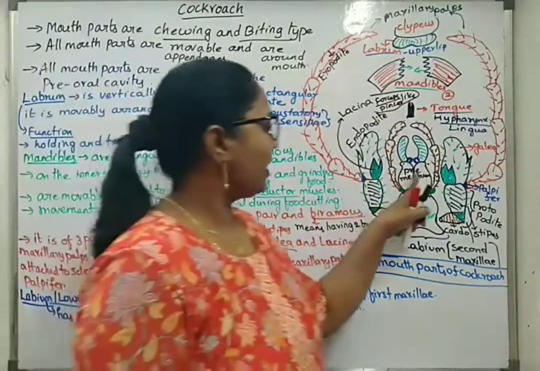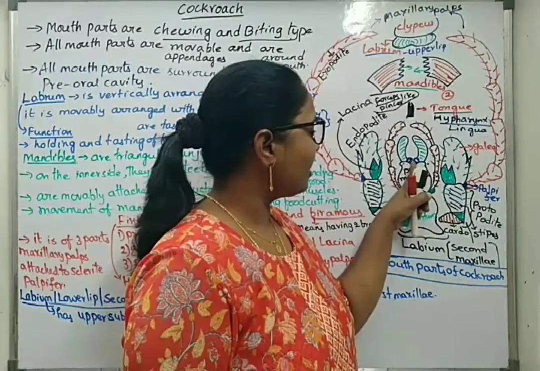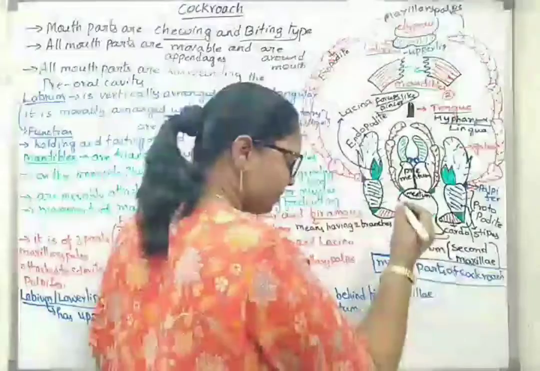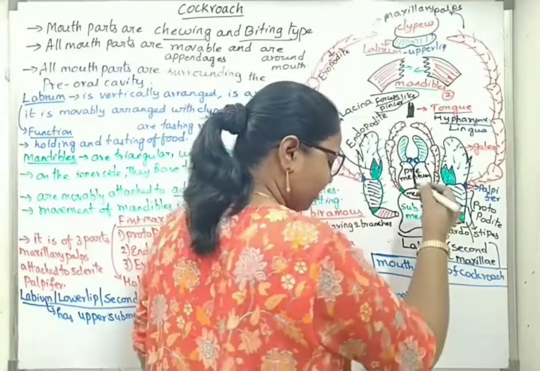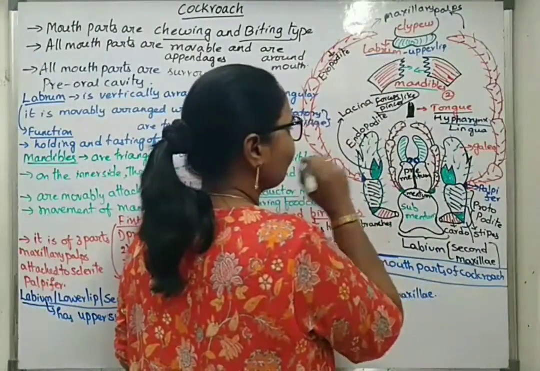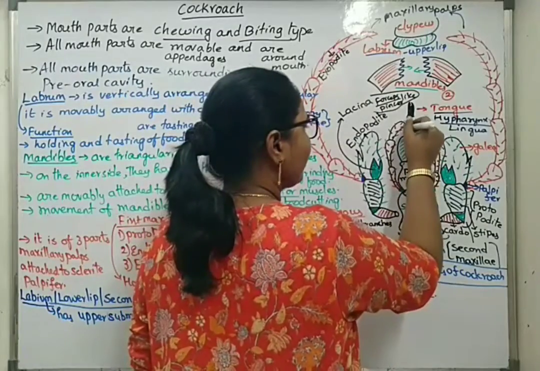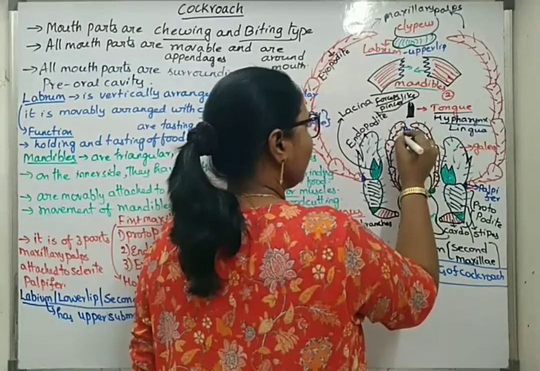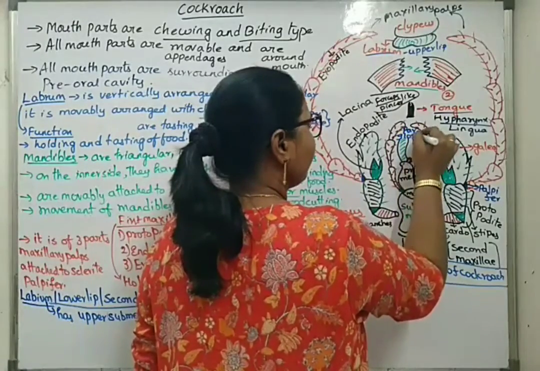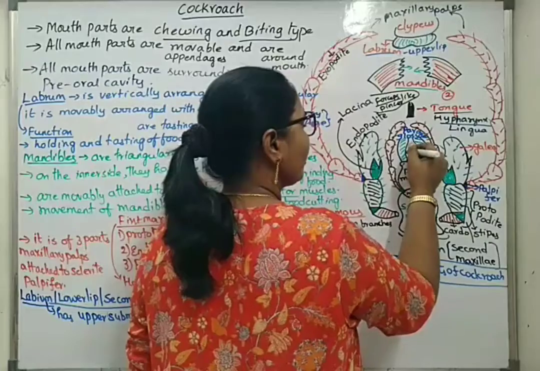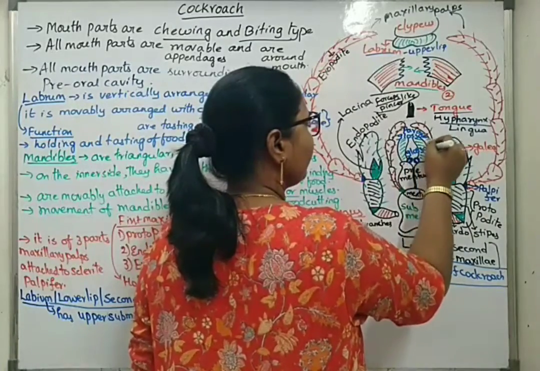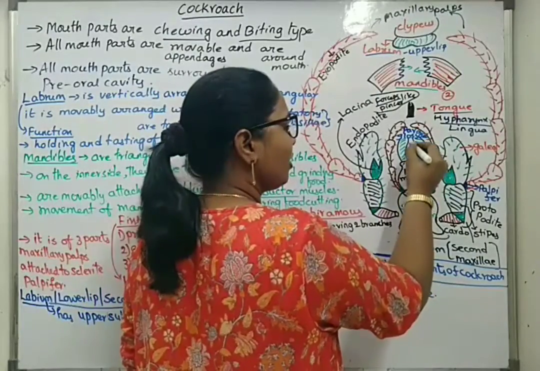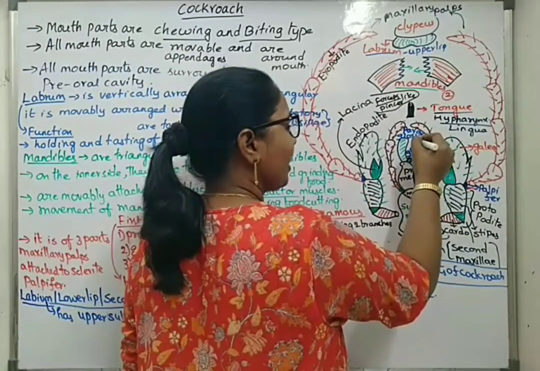Now, it has the innermost structures called glossae and paraglossae. This is paraglossae, and this is glossae. The innermost one, the smaller one is glossae, and the big structure is paraglossae.